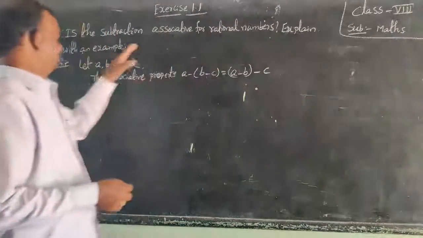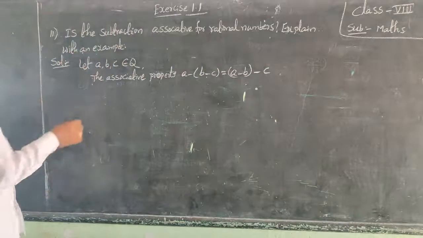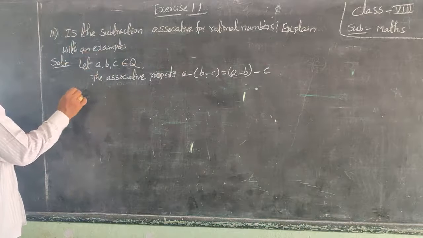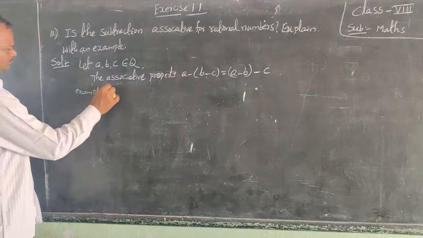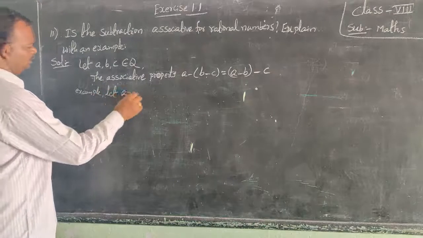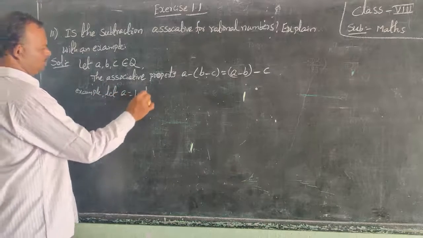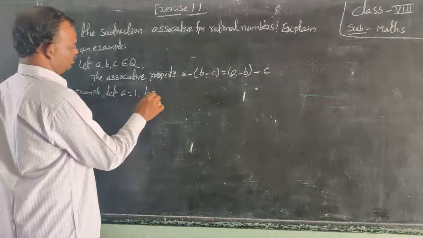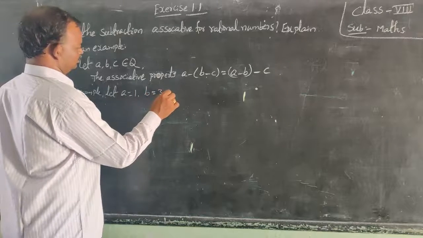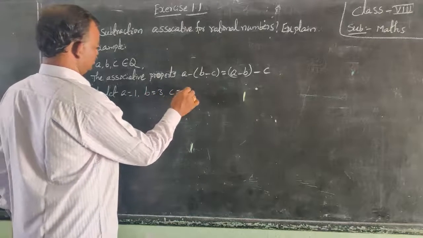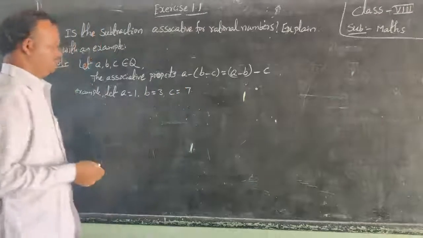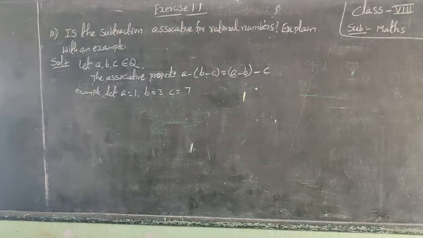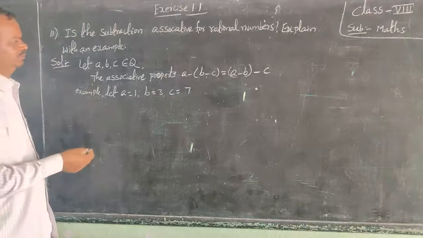Explain with an example. I am taking A is equal to 1, B is equal to 3 and C is equal to 7.